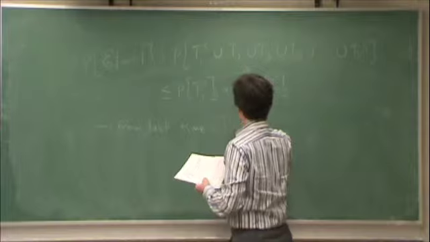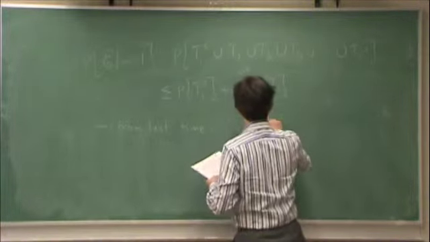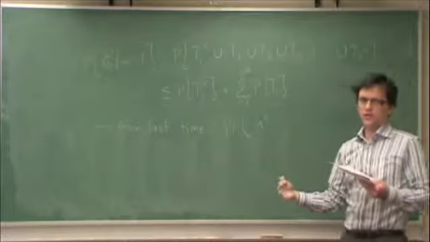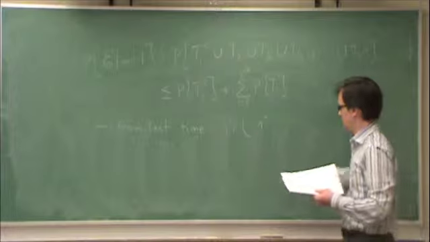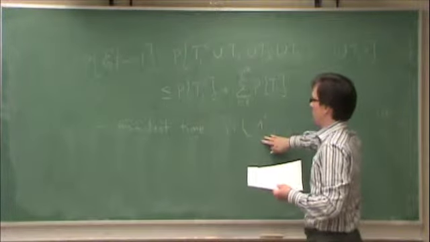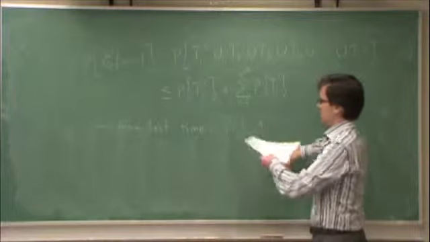Remember, y from 1 to n is the channel output. We're assuming that code word 1 was sent. So therefore, the vector y1 to n is the channel output given that code word 1 was sent.